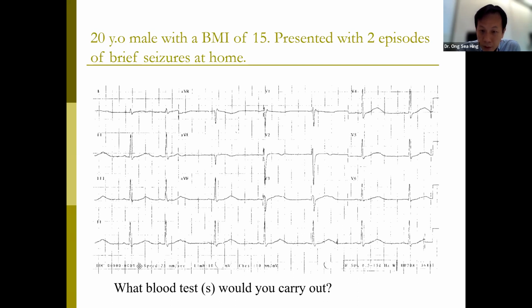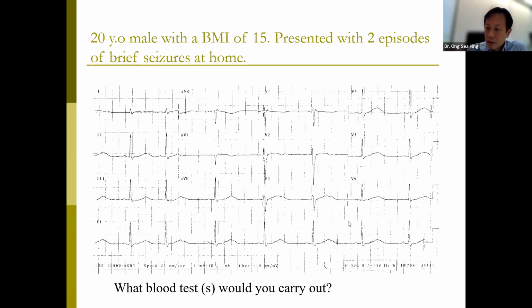Okay, so the blood tests to carry out, obviously, when we see this kind of patient, we will run some basic blood tests like renal function, liver function, blood counts and such. But the blood tests that you're really interested in are potassium, calcium, magnesium, okay? Because you want to know whether there is something in the blood that can prolong this QT interval.